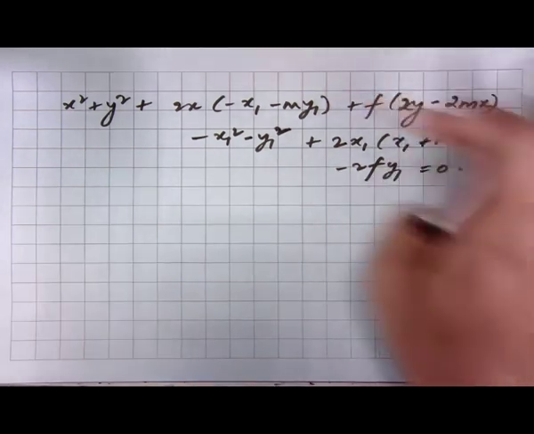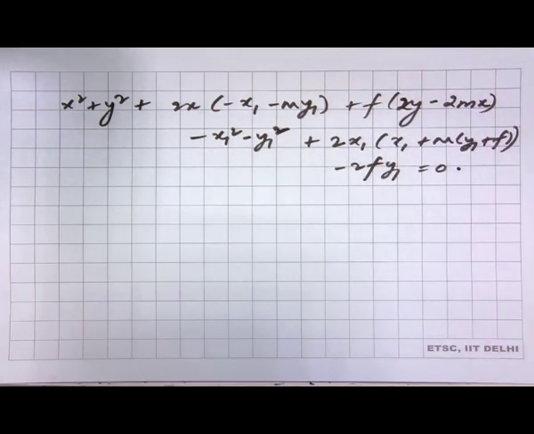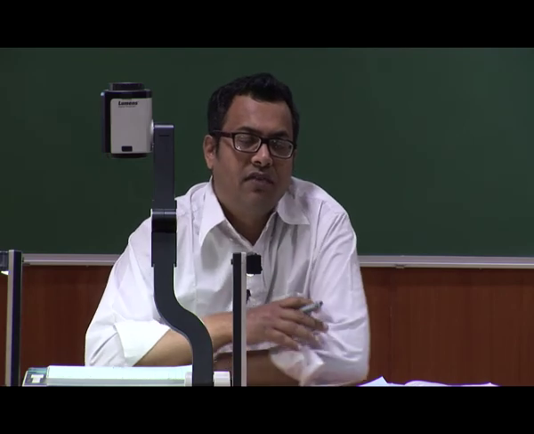So, we change f, we get the equation of different circles, but the common property of all these circles is that they touch that straight line y minus y1 equals m times x minus x1 at the point x1 y1.